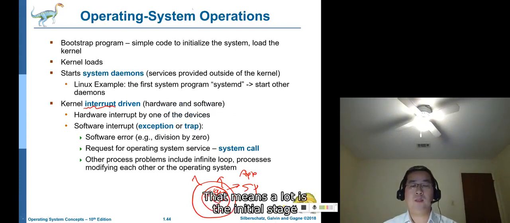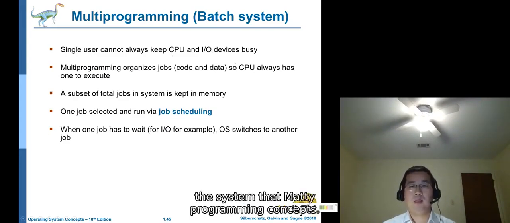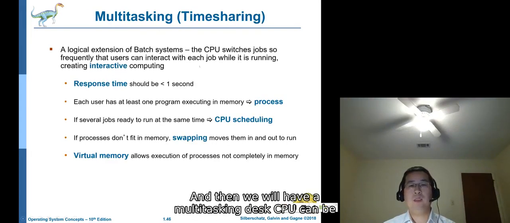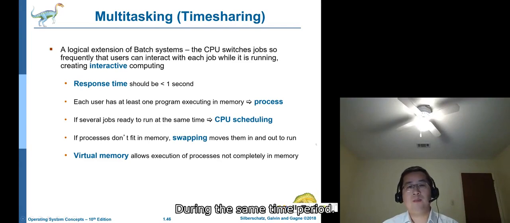That means what is the initial stage when the operating system is on, and how user programs interact with the kernel based on system calls. And then we run multiple processes or jobs at the same time in the system via multi-programming concepts. And then we also have multitasking, where the CPU can be scheduled to run multiple tasks during the same time period.